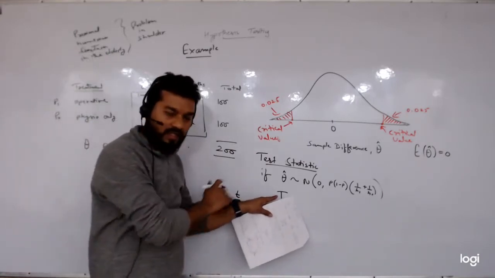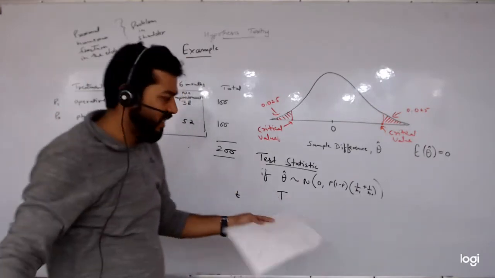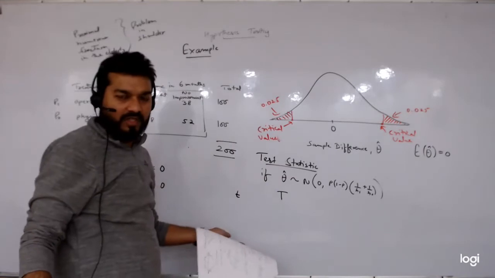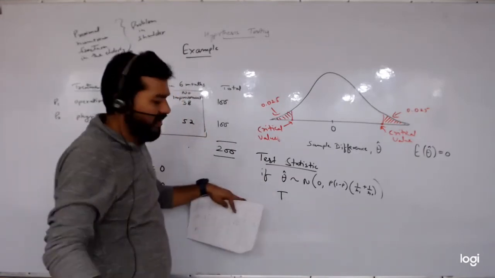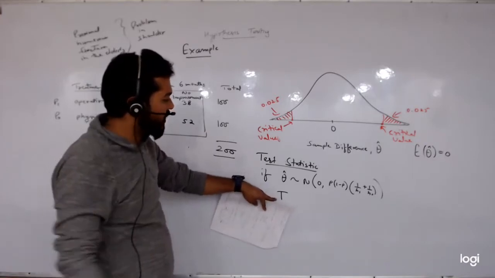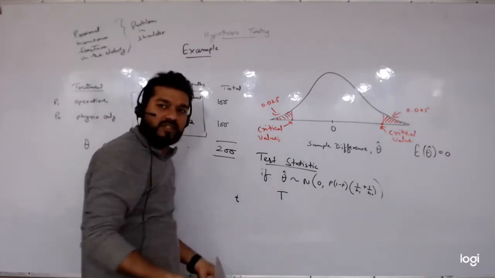This t is only for the test statistic. You might as well use any other notation for that. The difference between capital and smaller would be that smaller is the actual calculated value and the capital is for the distribution.